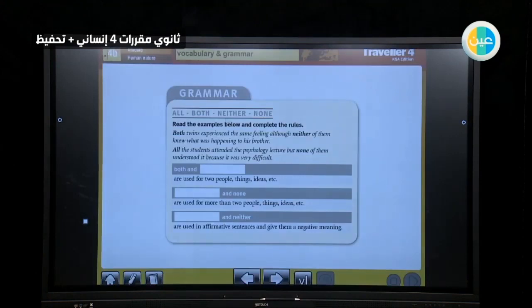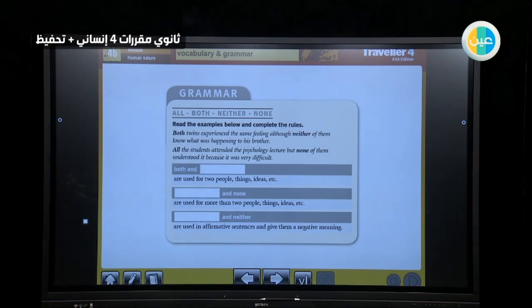Okay, let's go back to our grammar here. All, both, neither, none. Read the examples below and complete the rules. Both twins experienced the same feeling, although neither of them knew what was happening to his brother. So we have here both and neither.